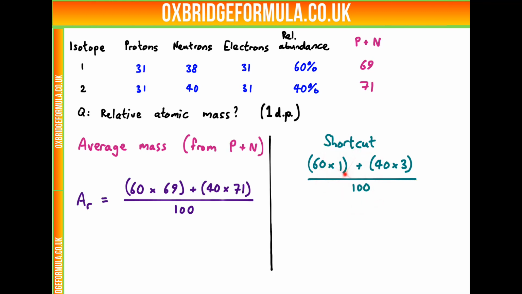So 60 times 1 plus 40 times 3, well, that's 60 plus 120, which is 180, and 180 divided by 100 is 1.8. And so how has this helped us? Well, we know that the weighted average of 1 and 3 would be 1.8. And so if we apply that logic to this problem on the left, where we have 69 and 71, we can see the difference between the lower number and the average is 0.8.